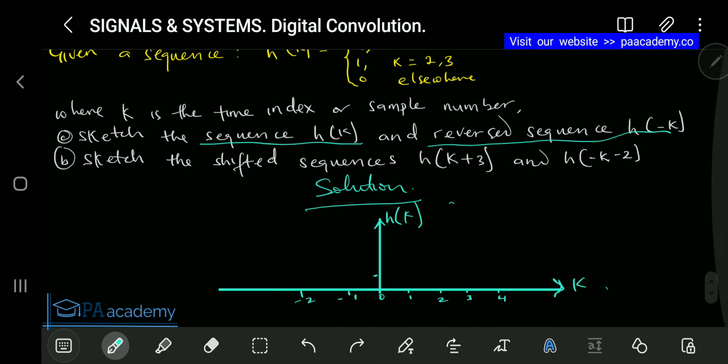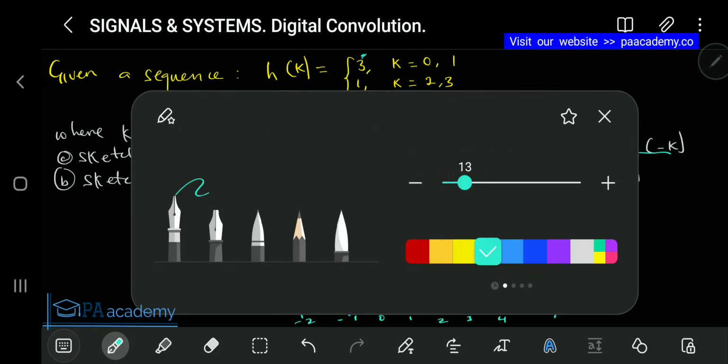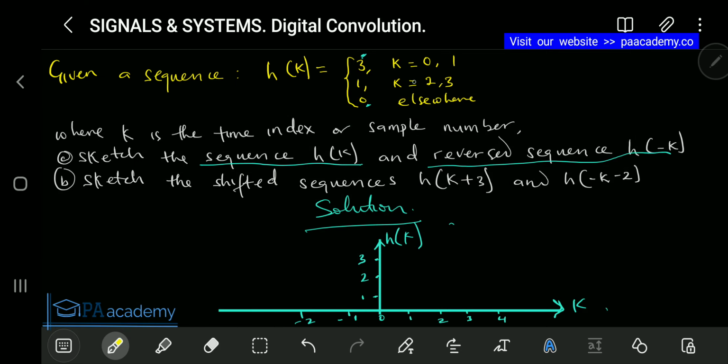Alright, so for this now, the max here is 3, and then the least is 0. So from 0, this is 1, let me take this to be 1, 2, and then 3. Now let's just draw. We are gradually answering the first question, to sketch the sequence h of k. When h of k has an amplitude of 3, on 0 it is 3, and then on 1 it also has an amplitude of 3.